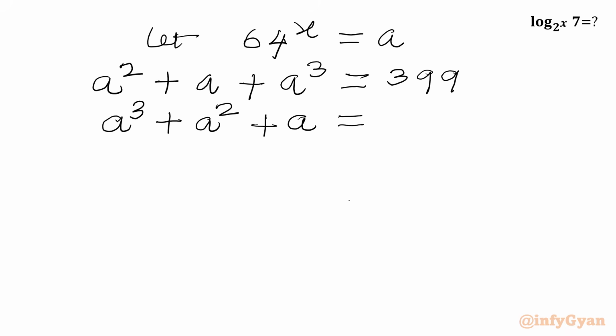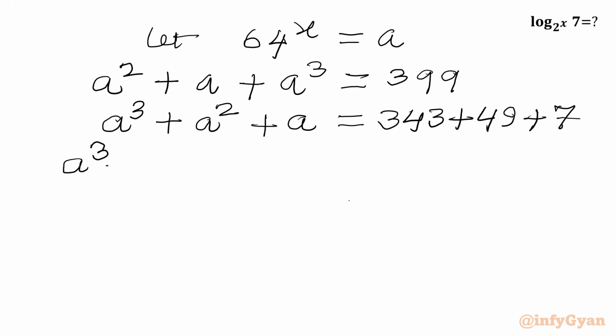We'll be splitting 399 in 343 plus 49 plus 7. It is 399. Now we will take all the terms to left hand side.